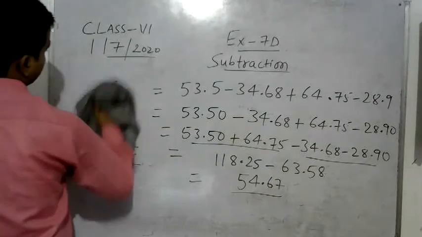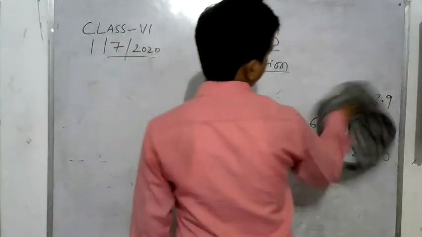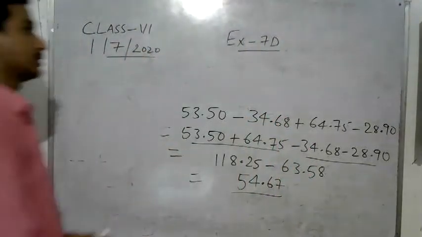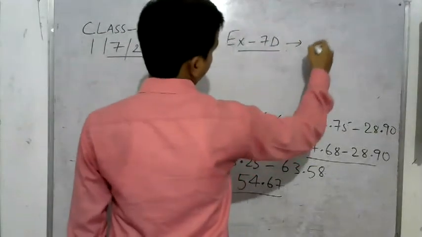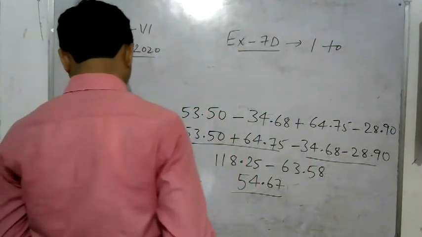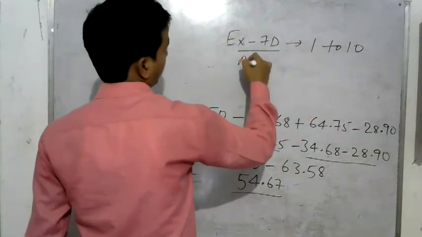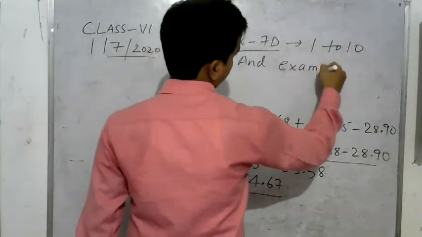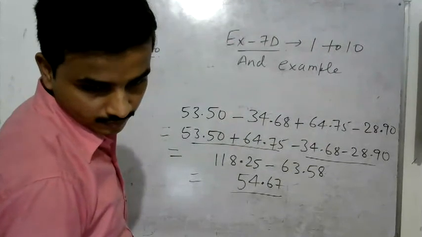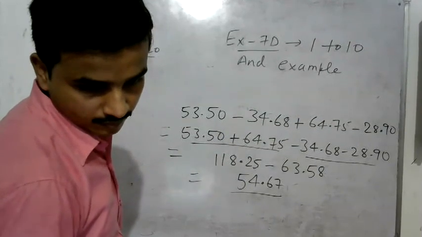So your today's homework will be exercise 70, questions 1 to 10, and examples 2 to 5.